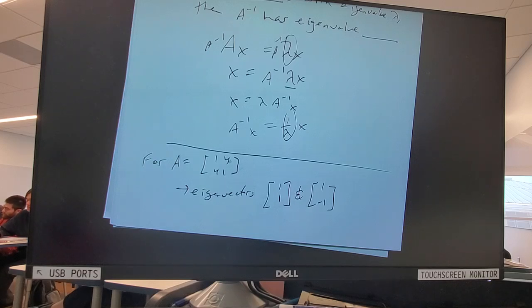If my matrix has enough eigenvectors to span the space that it's in, that eigenbasis is the best basis. It is the best basis for everything happening in that space.